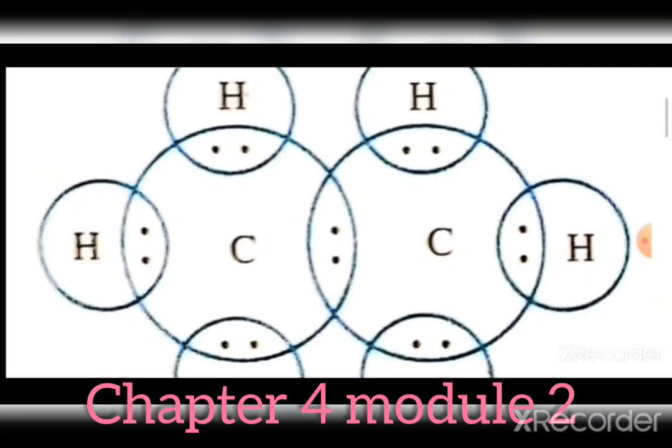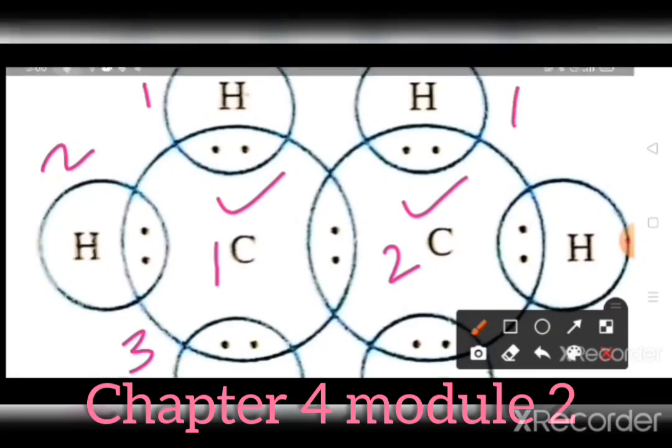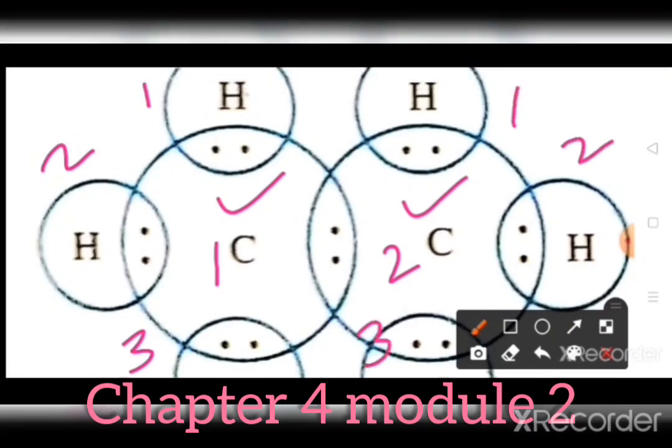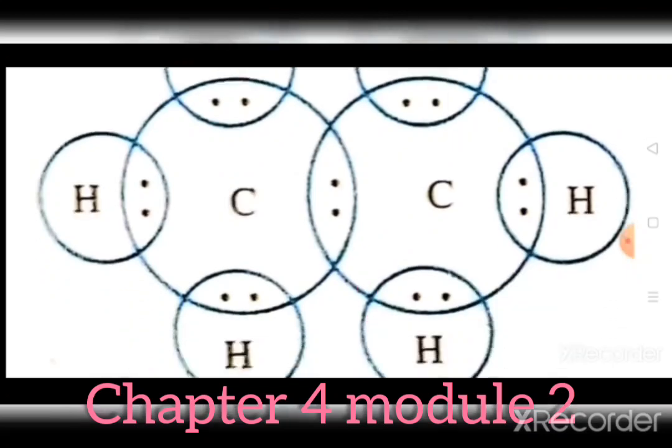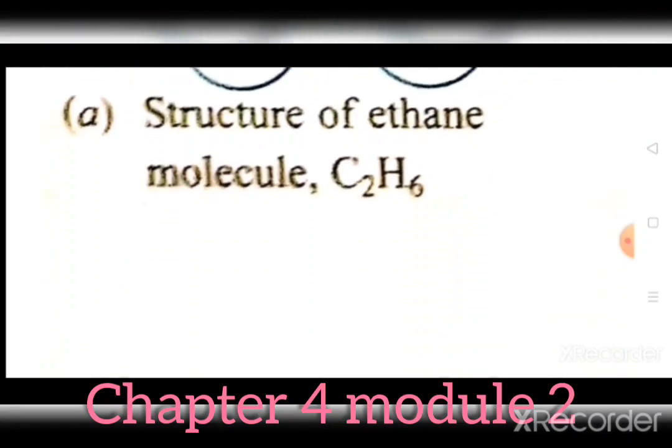So here 2 carbon atoms are there, this is first and this is second. Then they are bonded with hydrogen atoms: first, second, third, and 1, 2 and 3 here also. So this is the structure of ethane, C2H6, and this is the type of bonding in the electron dot structure of ethane.